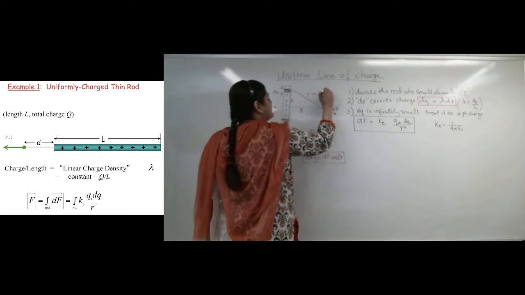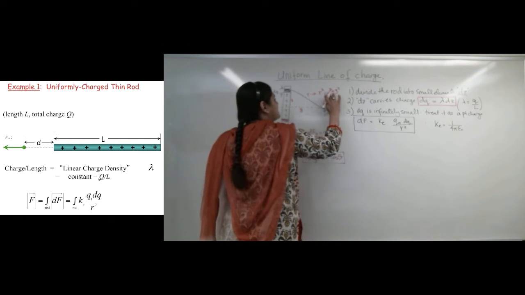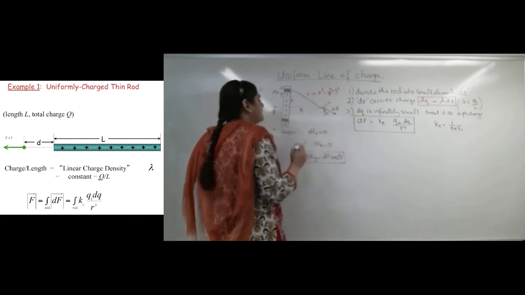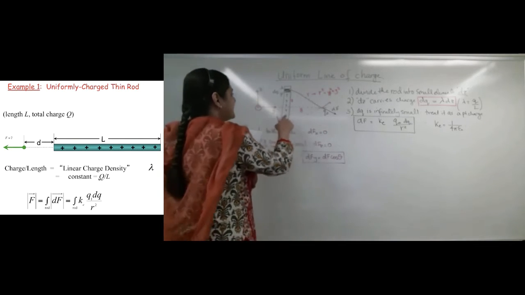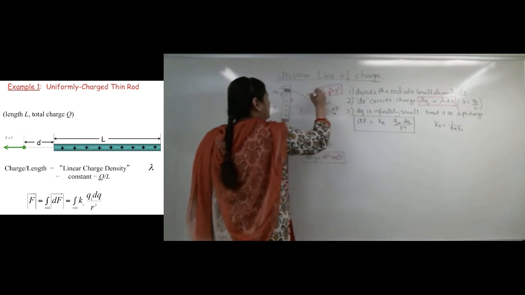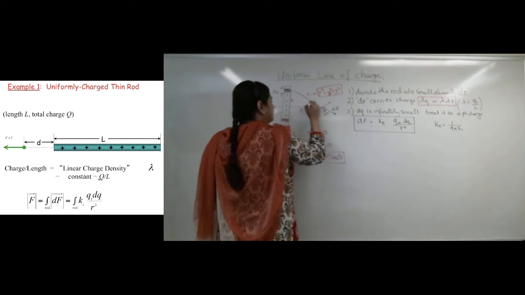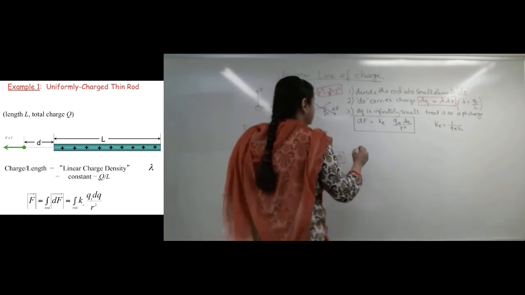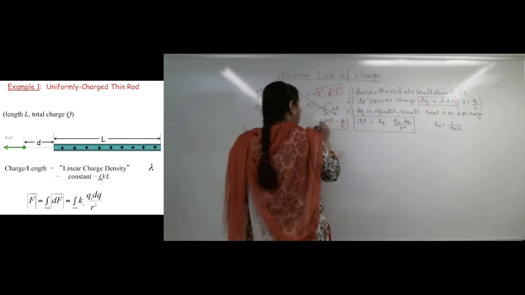That r squared is given by the Pythagorean theorem. Sorry, it shouldn't be x, it should be y over z. I'm so used to just calling it x. But in this case, z squared plus y squared gives me r squared. Also, this angle is theta. So this implies cosine of theta will be equal to y over r.